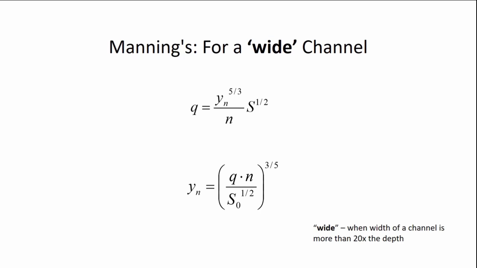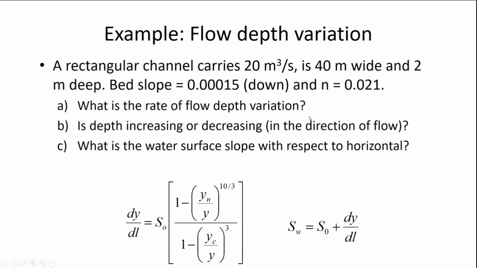For whatever the channel is, we would put y into both the A and the wetted perimeter and try to solve for y. But if it's a wide channel, then you can just take the flow per unit width, q, multiply it by the friction factor, n, and divide by the channel slope to the 1/2 power, and then all of that to the 3/5 power. So these are some simplifications if the channel is wide.